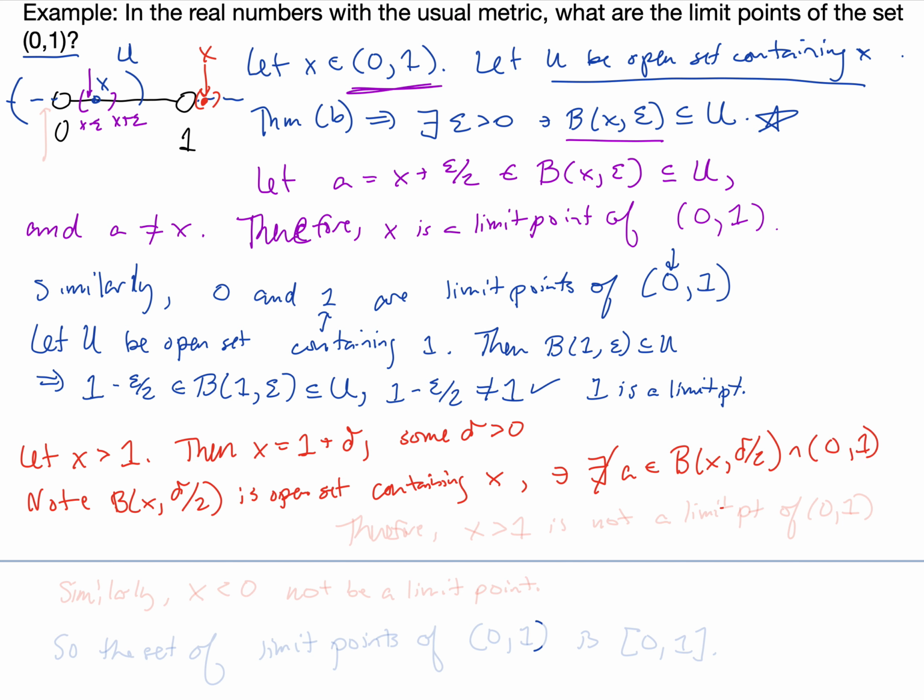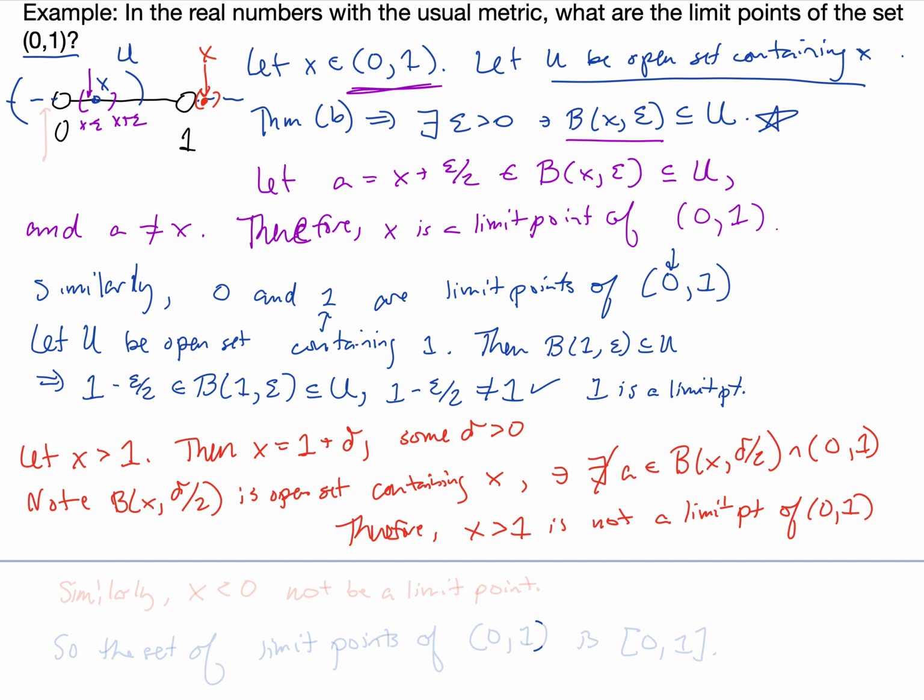And this tells us that, therefore, this x, which is greater than 1, is not a limit point of the set (0, 1).